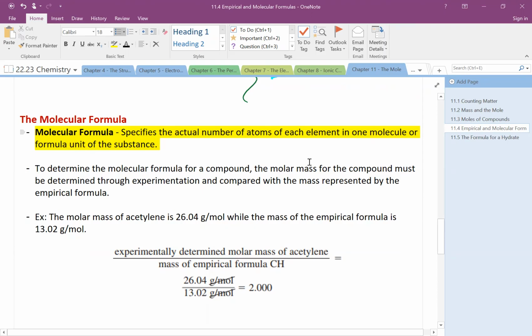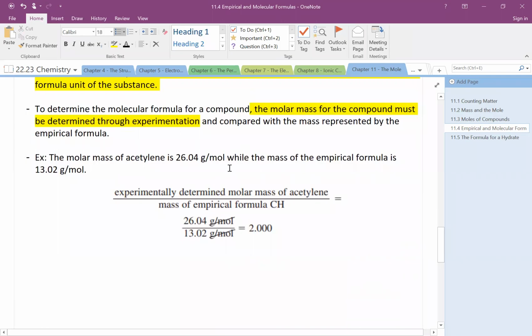All you have to do, first of all, is determine the molar mass through experimentation. So you'll be given the molar mass of the actual compound, and we compare that molar mass to the mass represented by the empirical formula. So in this example here, acetylene, the molar mass of acetylene is 26.04 grams per mole, where the mass of the empirical formula was 13.02 grams per mole.